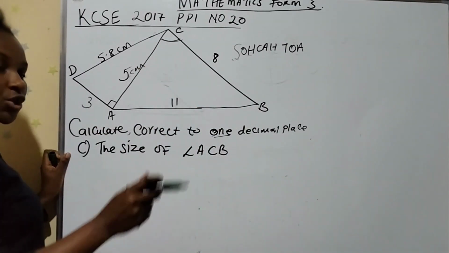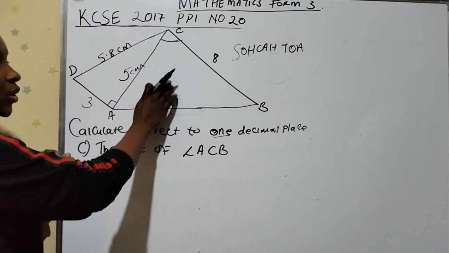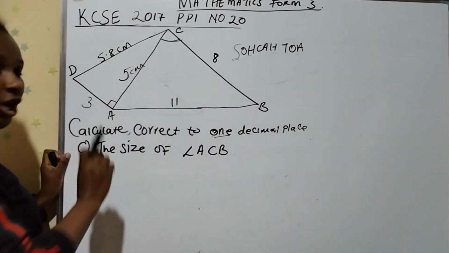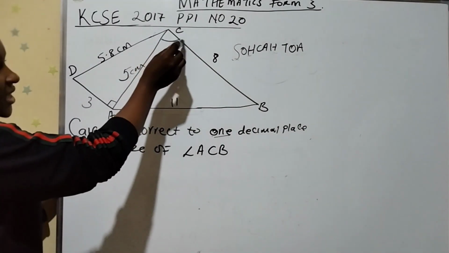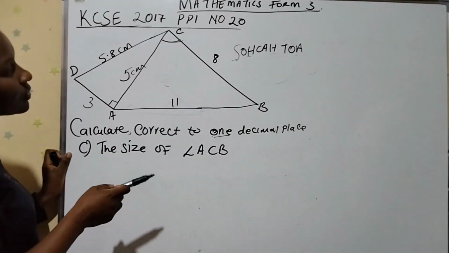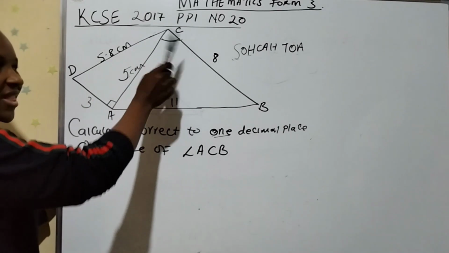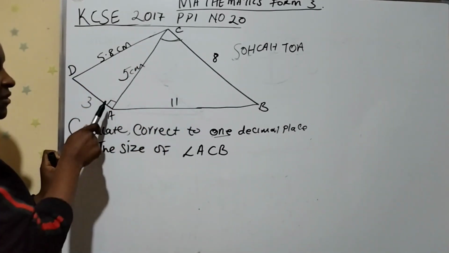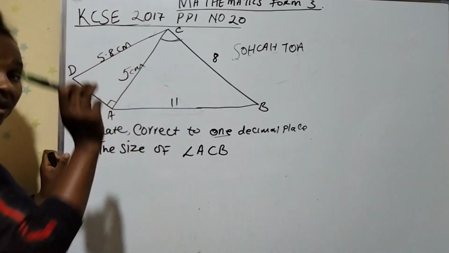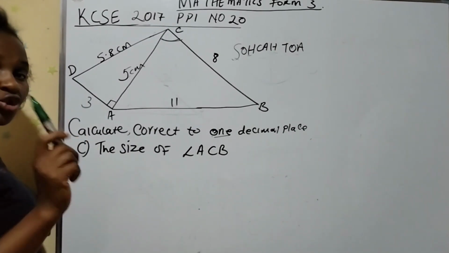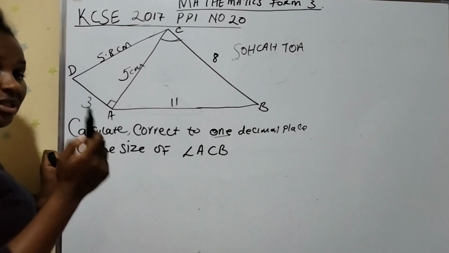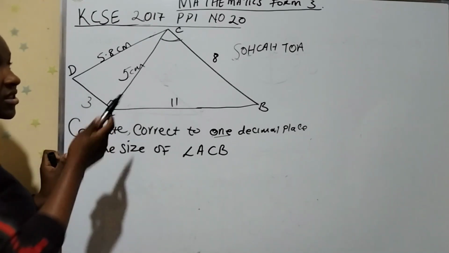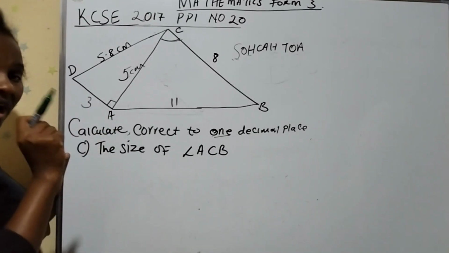On this kind of triangle, when we check here, this angle is more than 90 degrees. If this one is 90 degrees, then this one is more than. Remember, it is not drawn to scale, but it is also advisable for us to use common sense in this kind of topic.